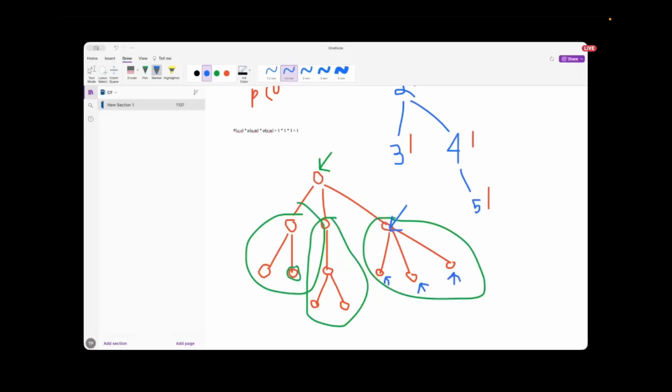So we do not want our triplet of vertices to all be in the same subtree rooted by one of the root's children. So we want to spread the three vertices U, V, and W across the different subtrees of the children of the LCA that we're considering.